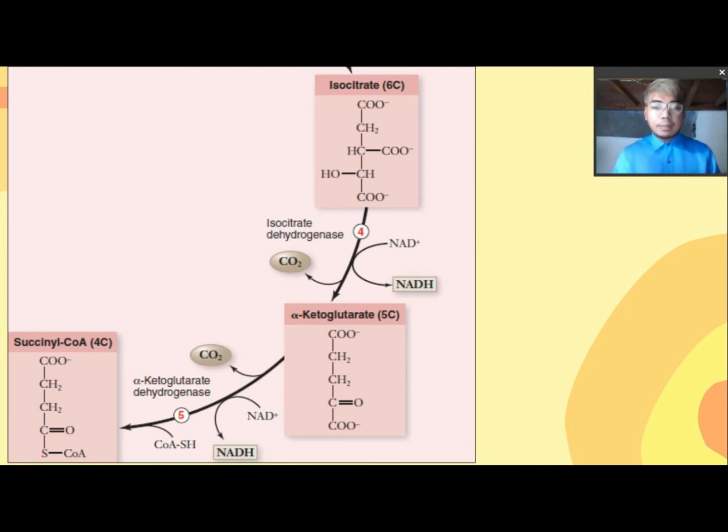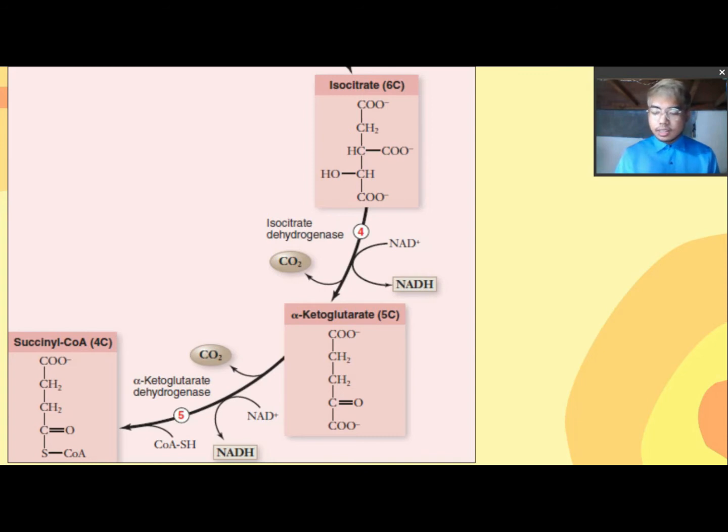While that is happening, the enzyme isocitrate dehydrogenase will also release carbon dioxide, creating a 5-carbon compound known as alpha-ketoglutarate. Okay, from isocitrate, it will create a 5-carbon compound known as alpha-ketoglutarate, and that is accomplished in step number 4 by the enzyme isocitrate dehydrogenase.